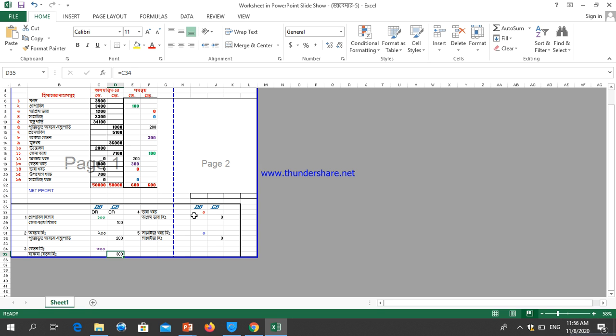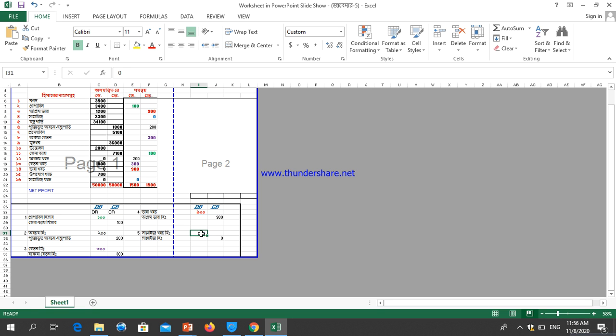Entry number 4, rent expenses. How much amount? 900, am I right? 900, okay. We symbolize this with red color. Rent expenses debit, and advance rent credit. And the last one, supplies.